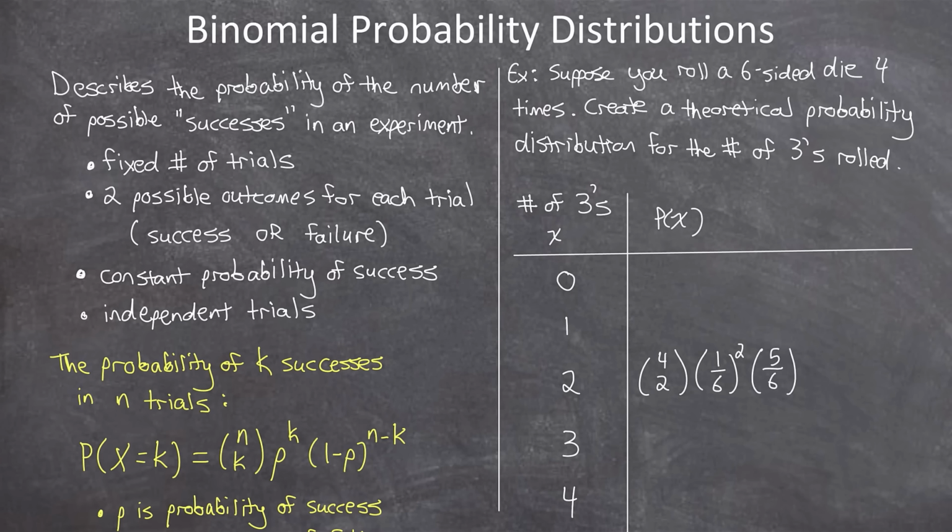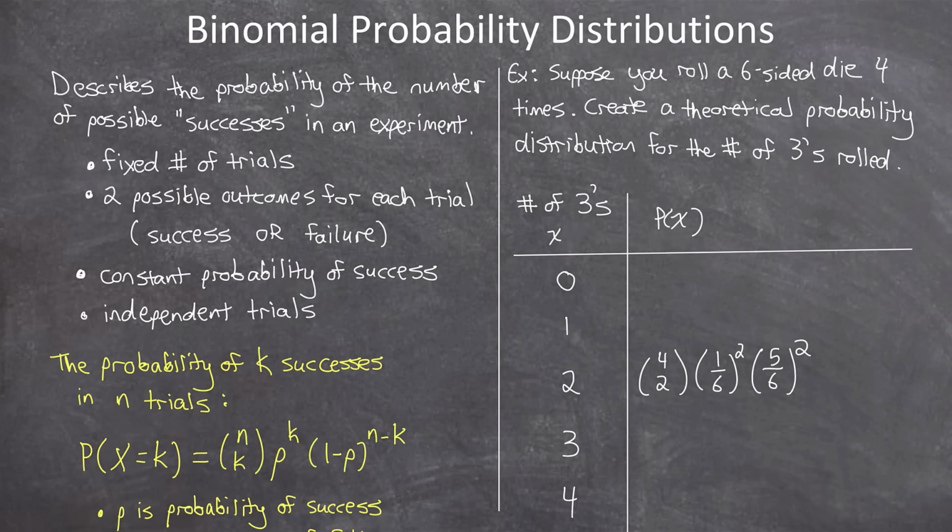And if we're going to have 2 successes out of 4 rolls, that means we're going to have 2 failures as well. So if we look specifically at this part, it does the probability of success times the probability of success times the probability of failure times the probability of failure. So what that considers is the probability of having a success, then a success, then a failure, then a failure.